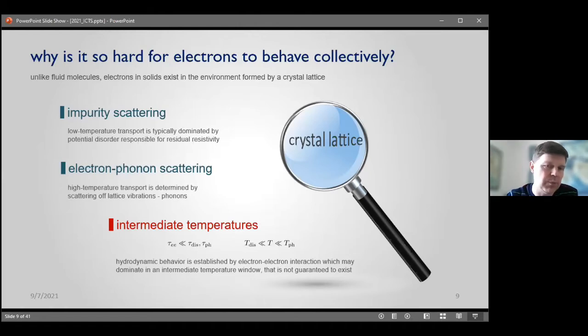At least there are many experiments where some hints or evidence for this behavior have been observed. And then also theoretically, we can consider a limit where electron-electron interaction is in fact the dominant mechanism, and then we can establish what would be the consequences of such a regime for observable quantities.